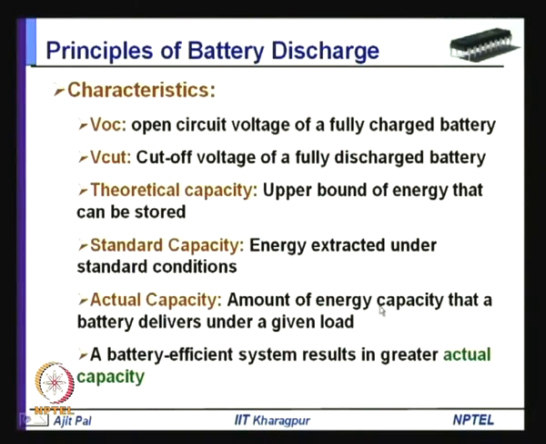Actual capacity is the amount of energy that a battery delivers under a given load. That means, this actual capacity is the capacity of the battery that you get whenever you are actually using it. In that condition you have to take into consideration the thermal effect. For example, the ambient temperature can be low or high. It has been found that the current delivery capacity of a battery is heavily dependent on temperature.